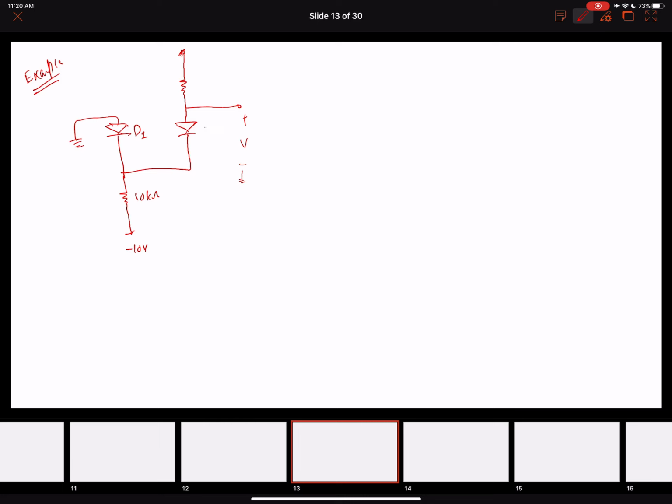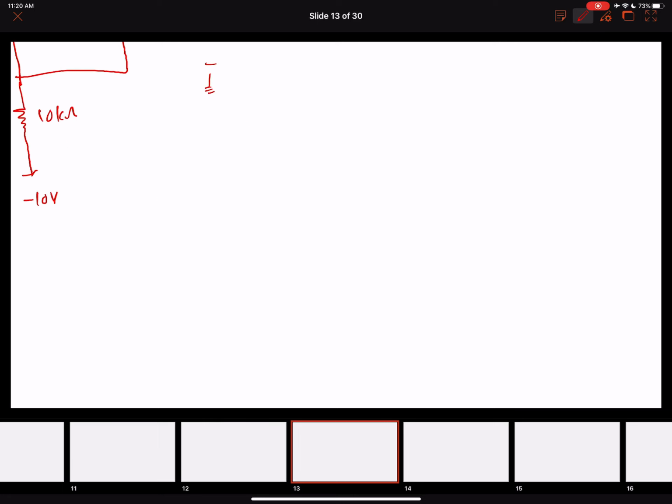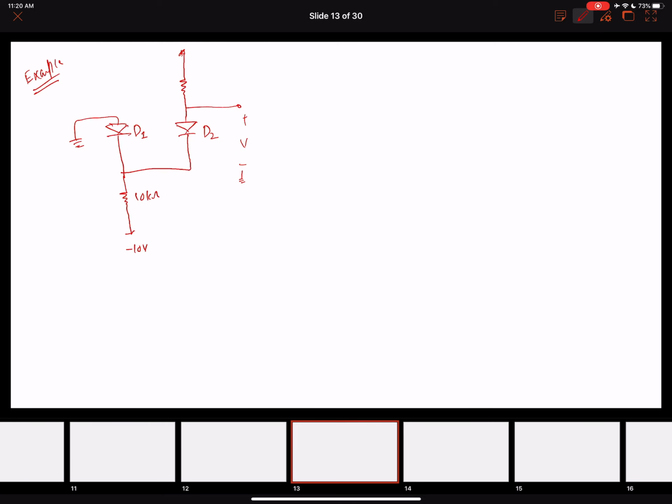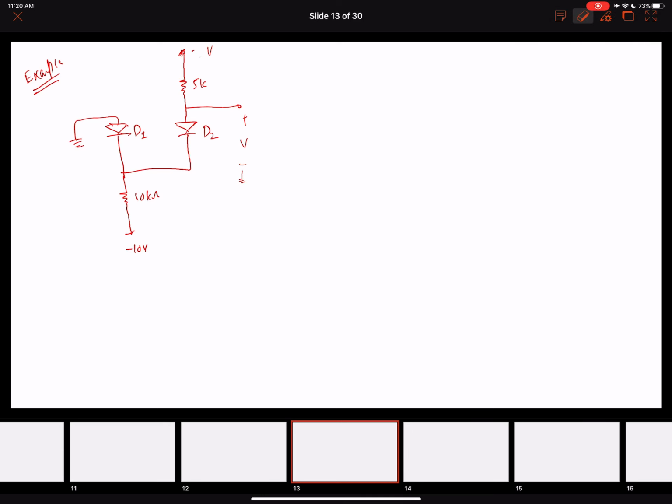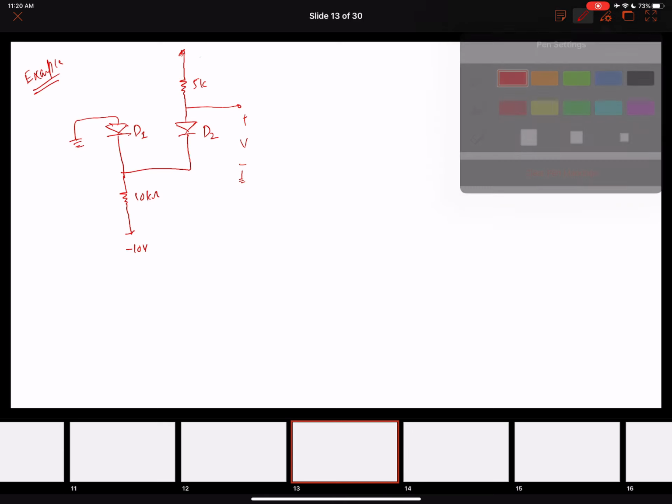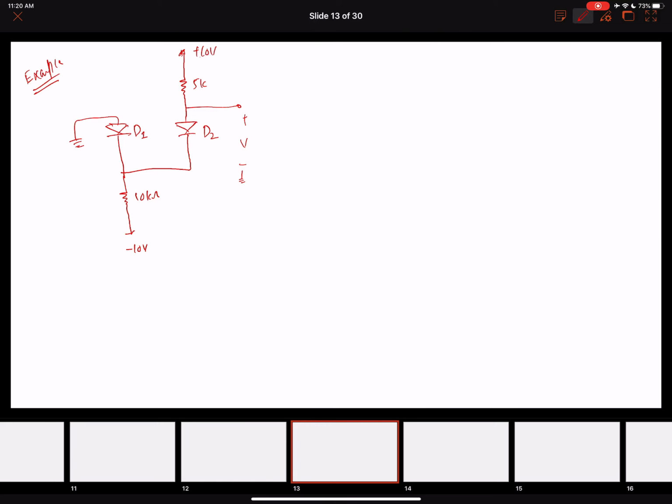This is D1, D2. Sorry, this is 5K, and this is plus 10 volts. I have to find the current I here.